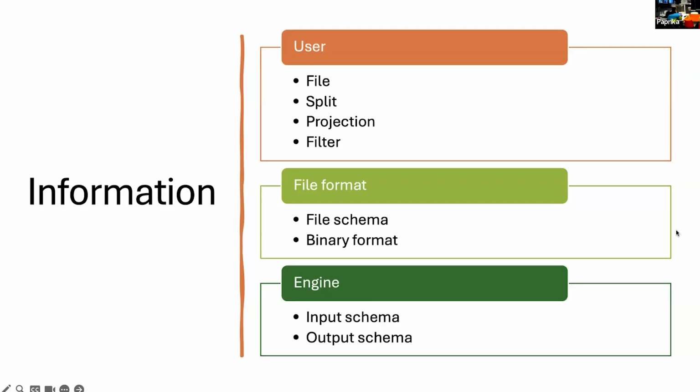So we have three different sources of information, and we have to combine those. And it was very, very hard because the reader and the writer need to collect all of this information to provide the readers and the writers.